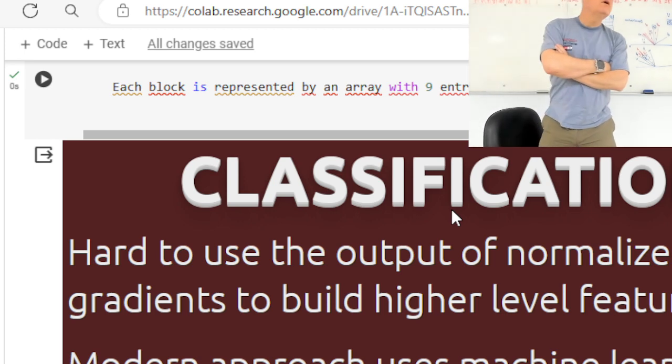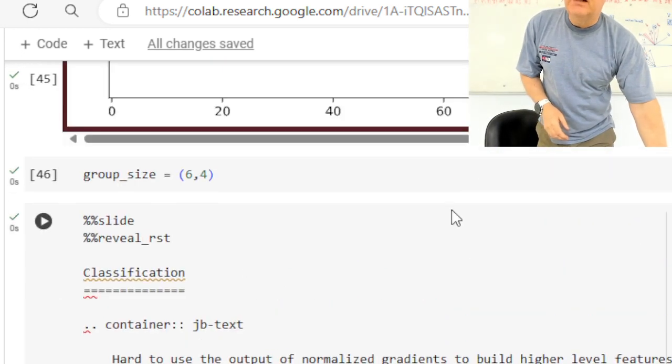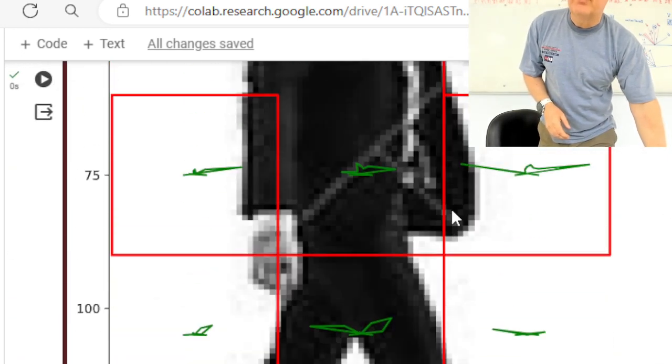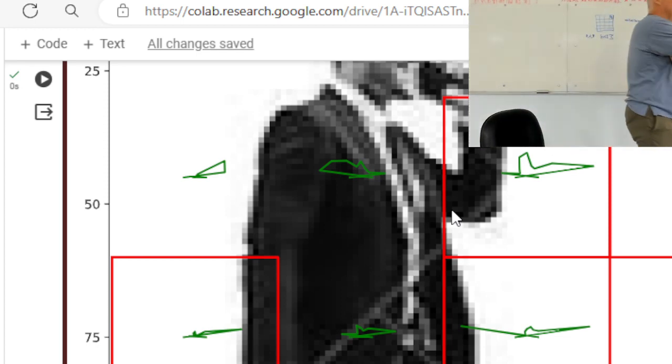However, it's not really clear what the classification should be. Like if we look for corners, we can say, oh, the gradient in the x and the y direction have to be both strong and they have to be about similar, right? The same. That we can say, but looking at a person, I really have no idea what these rays here should look like, right? These 9 floating point numbers for each block.